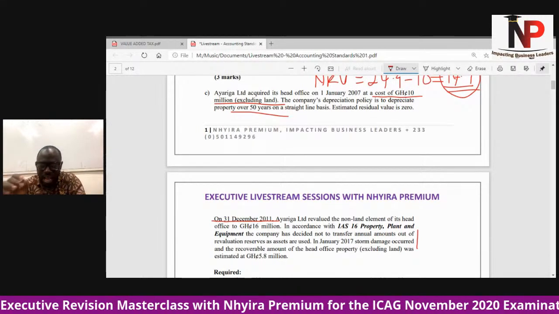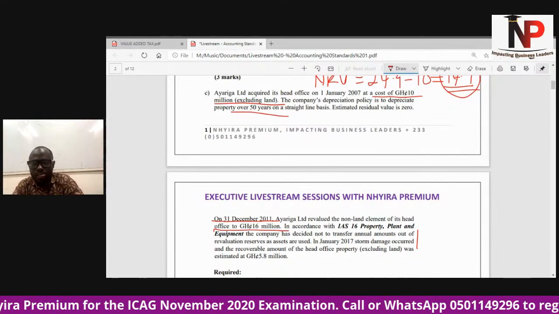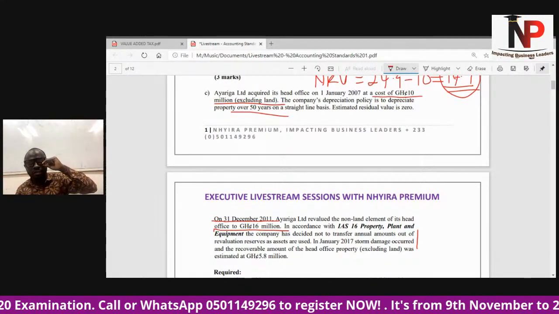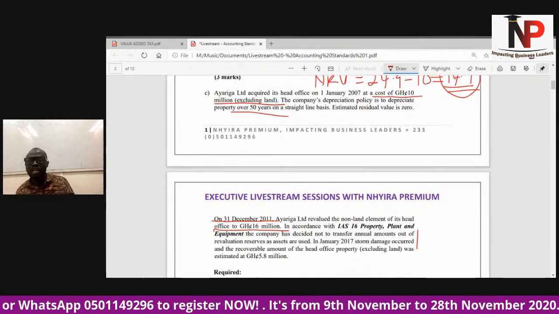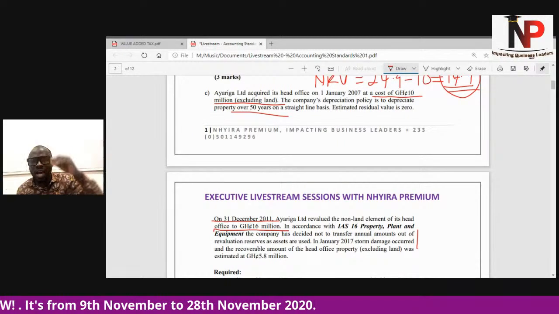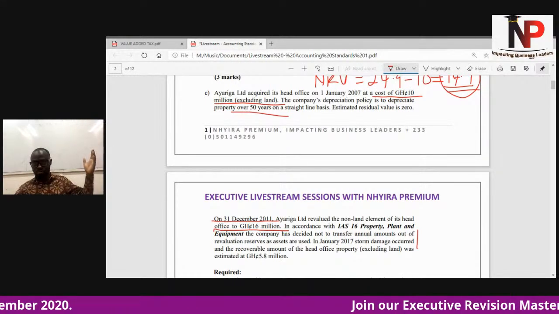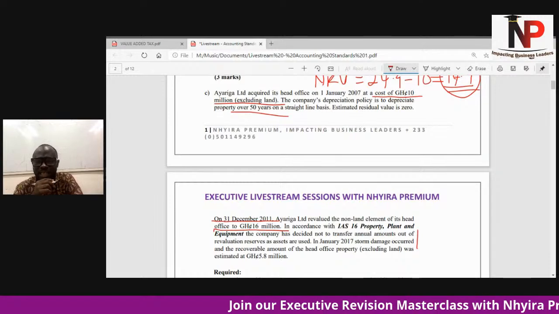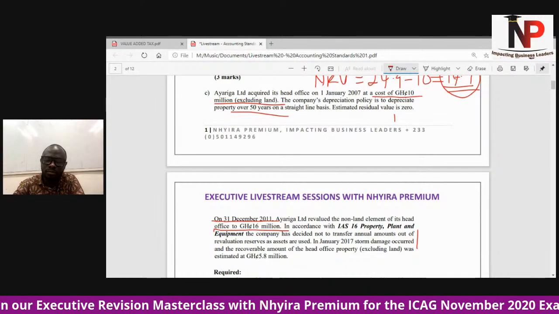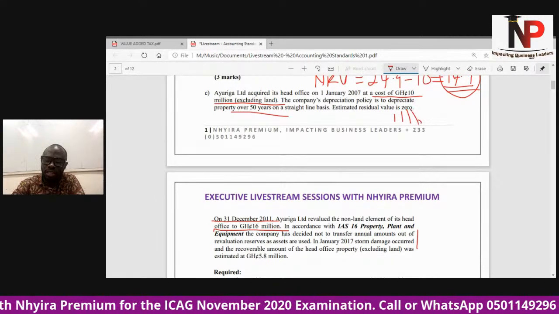So the company revalued the assets to 60 million Ghana cedis. So from 1st January 2007 to 31st December 2011, we need to calculate the carrying amount of the assets. So the question we ask ourselves is, what is the carrying amount of the assets? Right? So how long has the asset been used? So we have 2007, 2008, 2009, 2010, 2011.